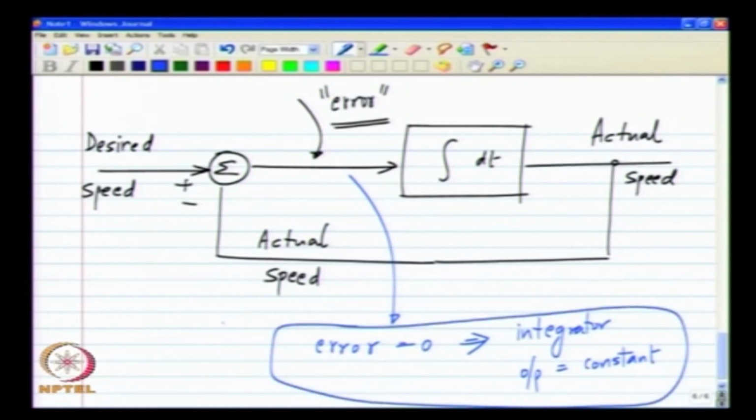To have a steady state, that is to have a constant output from the integrator, the error has to be 0, and if the error is 0, what does it mean? The actual speed is equal to the desired speed, and this is again what happens in your vehicle.